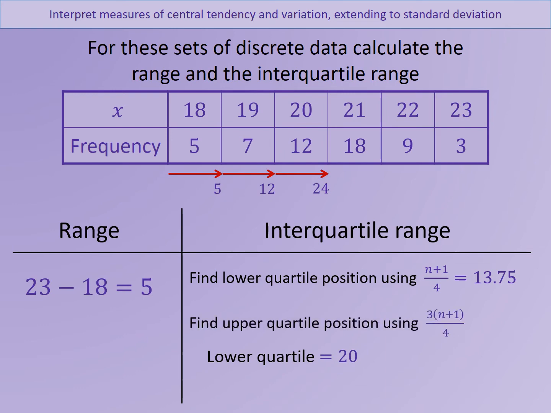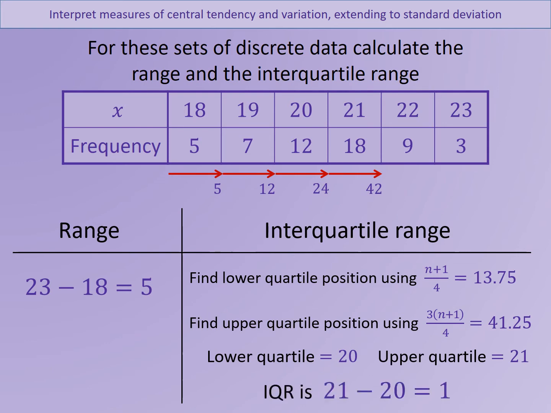We repeat the same process for the upper quartile using this formula, 3/4 of (n plus 1). That gives us 41.25. If we continue counting on in the table, you can see that 41.25 will lie somewhere in this region, and therefore the upper quartile is 21, and the interquartile range is the difference between these two, which is 1.